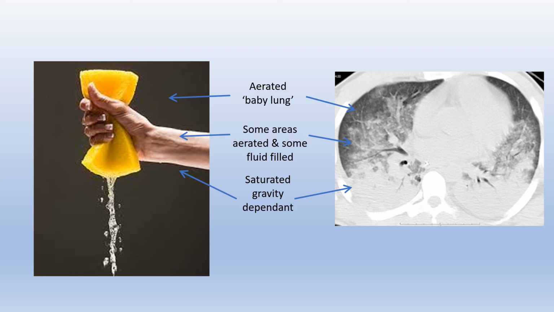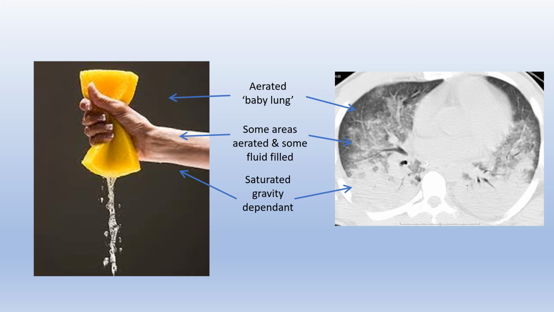This slide's demonstrating what's happening in the supine position, where we've got saturated gravity dependent areas where we're really not getting much ventilation going on at all, and it's like this sponge full of water in the gravity dependent regions that just can't take on good ventilation.